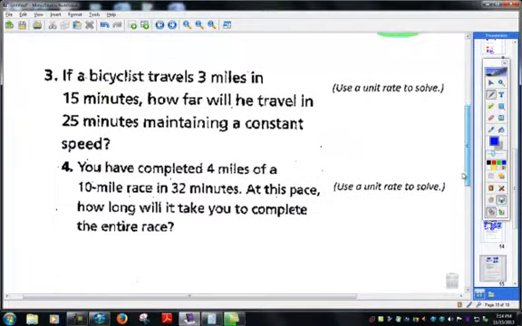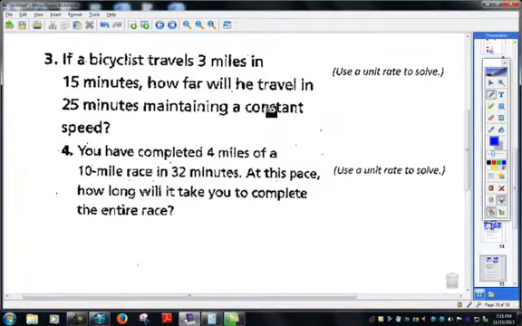Okay? If a bicyclist travels 3 miles in 15 minutes, how far will he travel in 25 minutes? Well, it says use your unit rate to solve, so this is going back to learning target number 5. He travels 3 miles in 15 minutes, so miles and minutes.